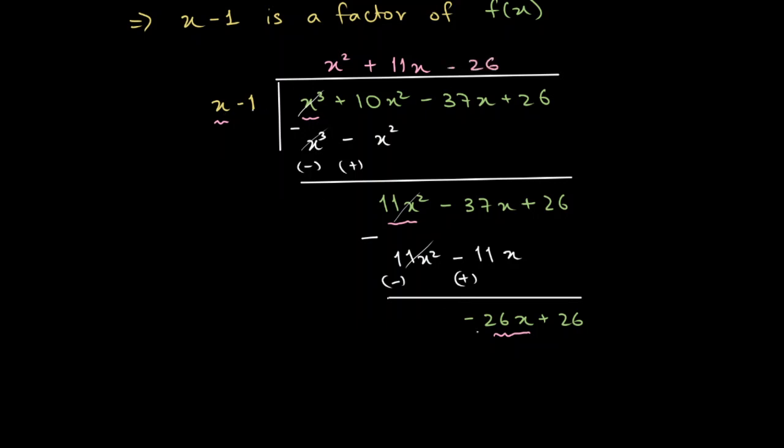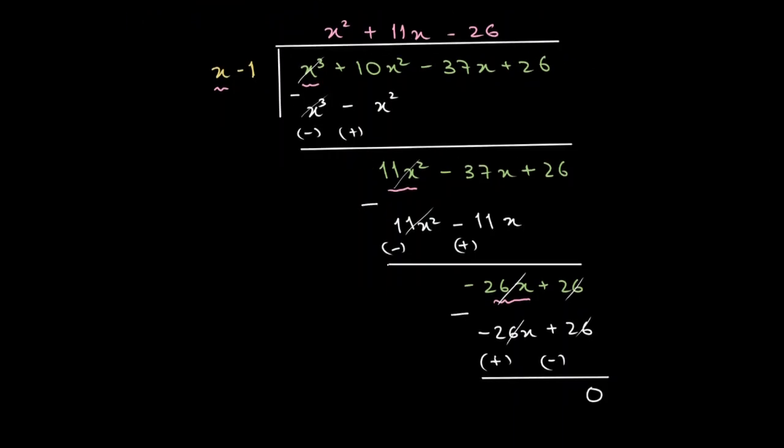Minus 26 into x, again multiplying the quotient with the divisor, is minus 26x. Minus 26 into minus 1 is plus 26. Now remember, subtracting the two expressions, minus becomes plus and plus becomes minus. So if you now observe, minus 26x plus 26x is cancelled, plus 26 minus 26 is also cancelled, and I get my remainder as 0.